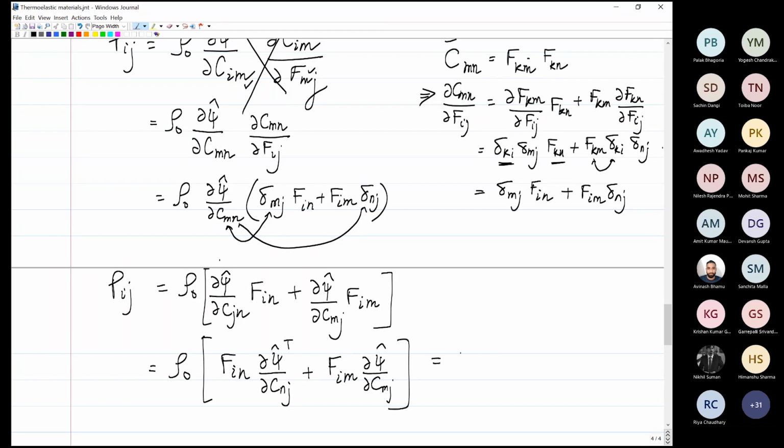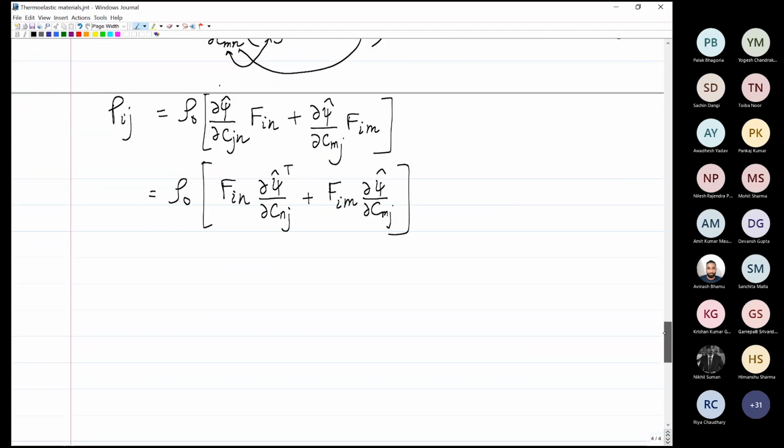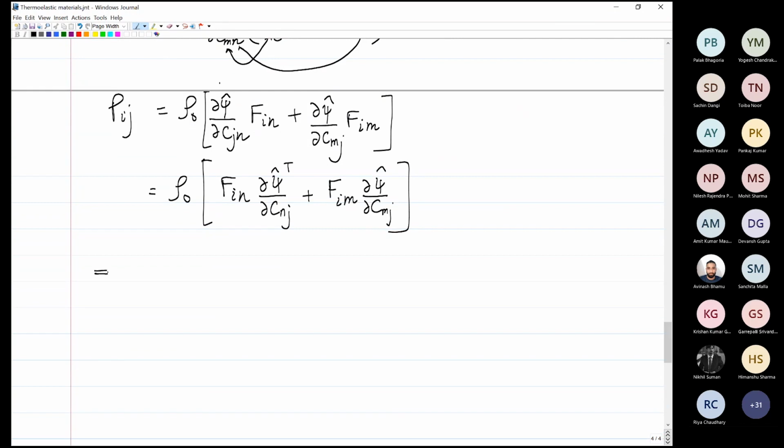So don't you see that, if I want to go back to tensor form, it's P equal to rho naught F into del psi over del C transpose plus F into del psi over del C.